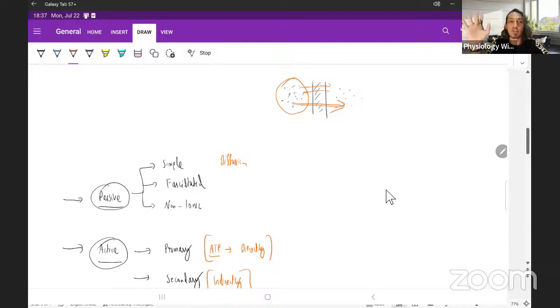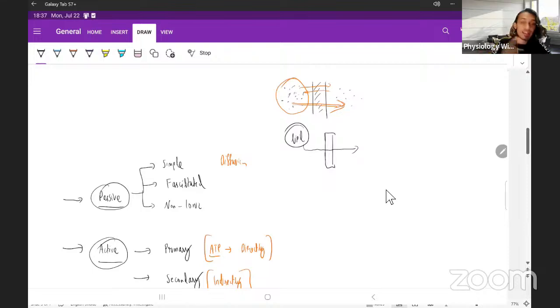Now, this diffusion can happen in a simple way. For example, you take a membrane like this, and there is a lipid-soluble substance, which can move down the concentration gradient like that.